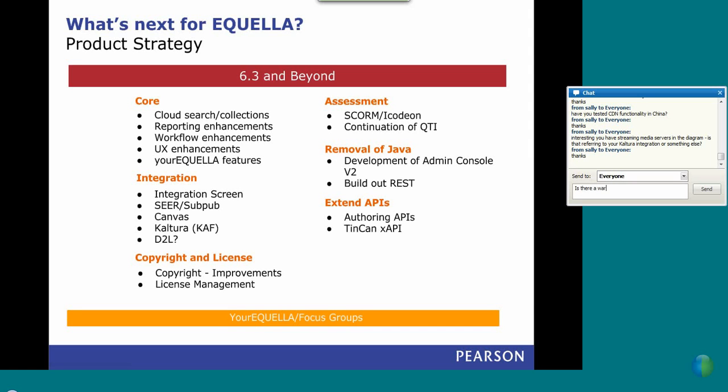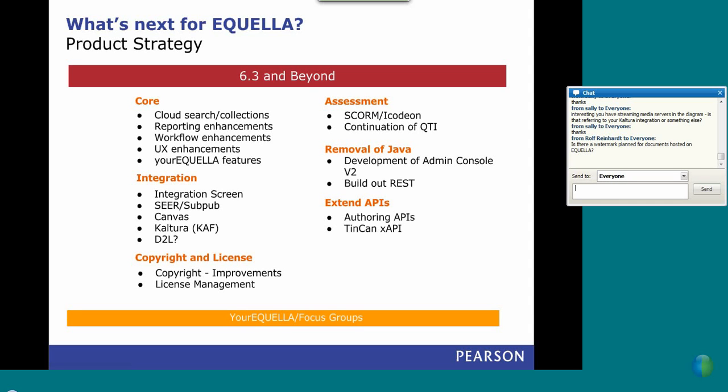Assessment, we talked about SCORM and the basic QTI, but we do plan to keep enhancing QTI in the upcoming releases, building out more question types. We want to add the ability to do timed quizzes and just a little bit more flexibility around the management of these packages in the system.